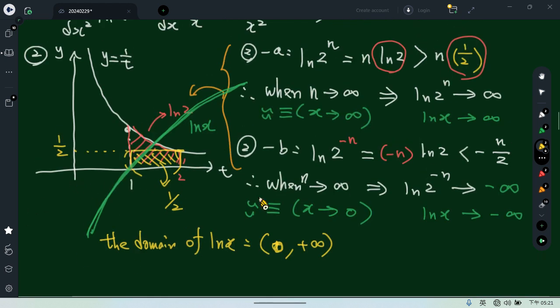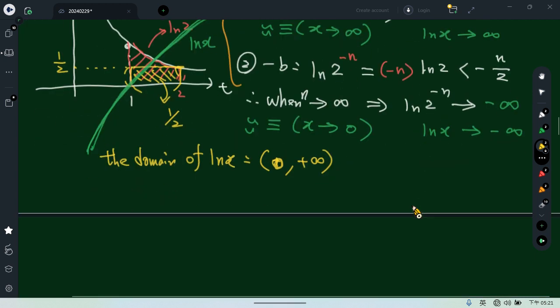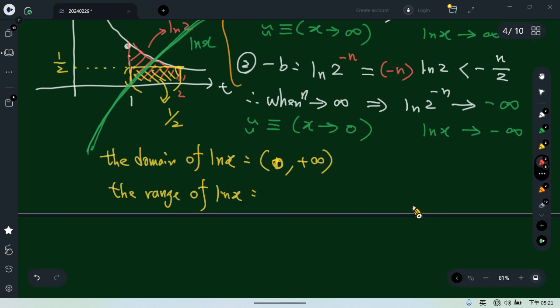That is the domain. And its range will be negative infinity to positive infinity.